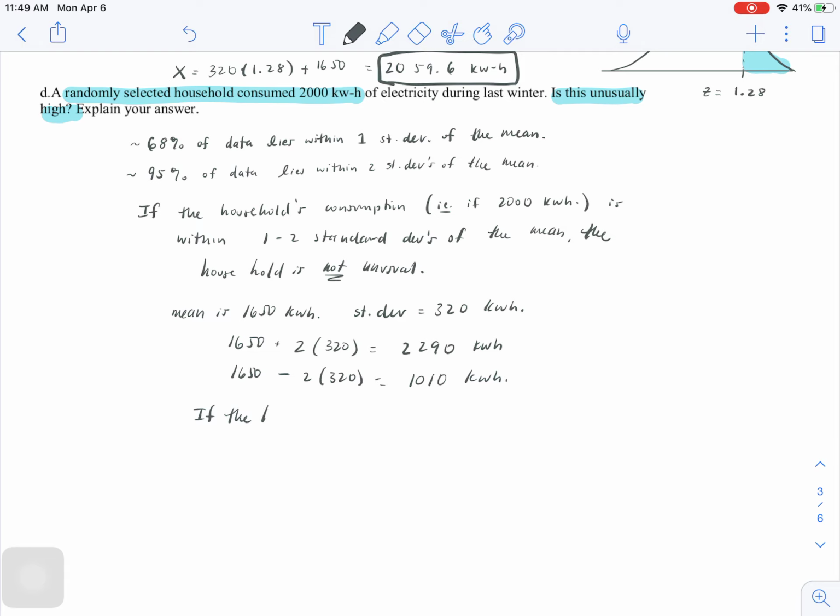So if the household's consumption is within this interval, within 2 standard deviations of the mean, then the household's not unusual.